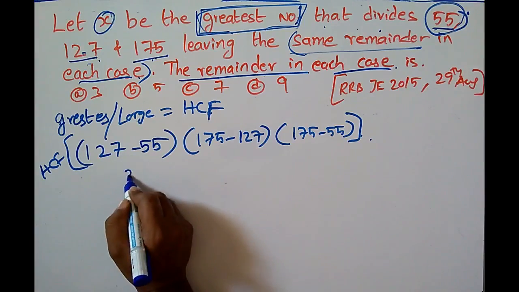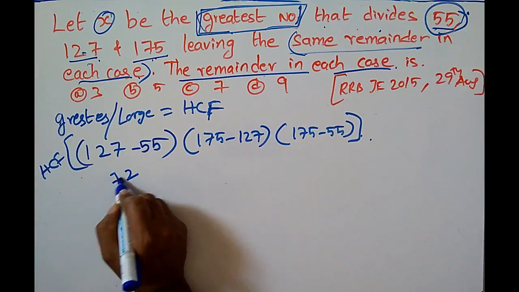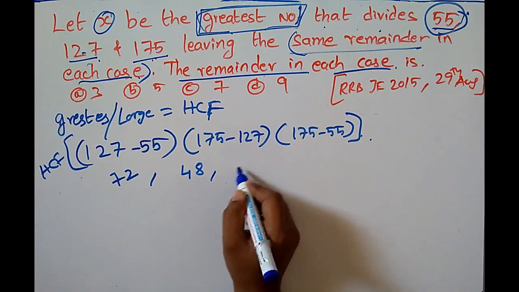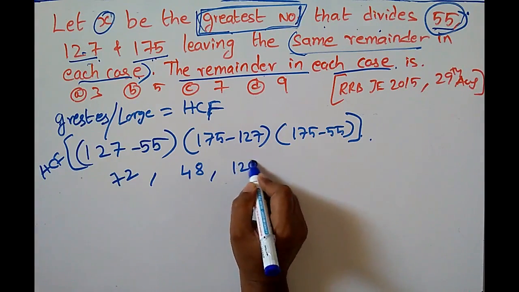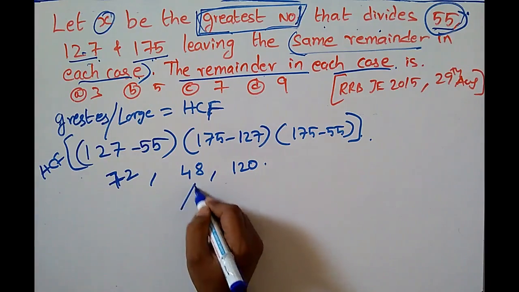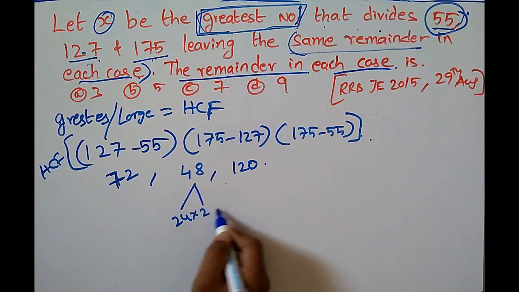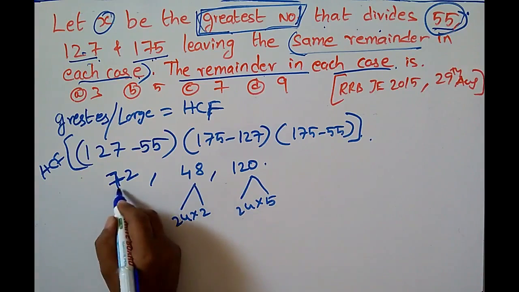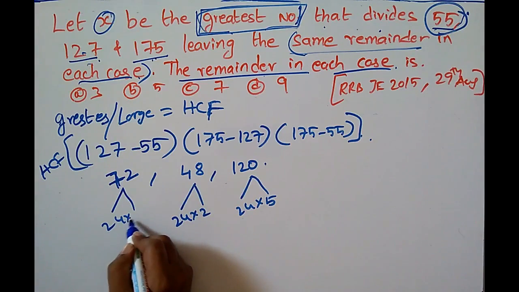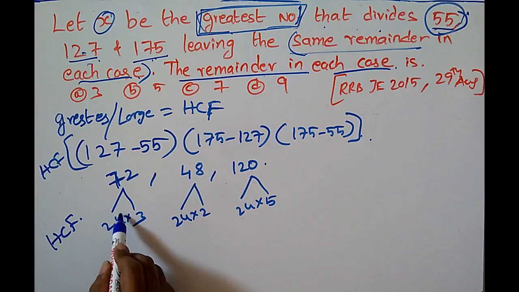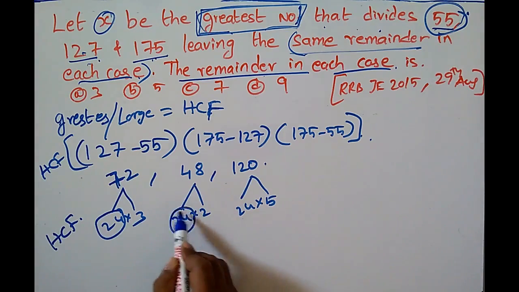What we will get? 72, 48 and 120. From this we can write the common factors like 24 into 2, 24 5 times, 24 3 times. So here the HCF becomes 24, friends.